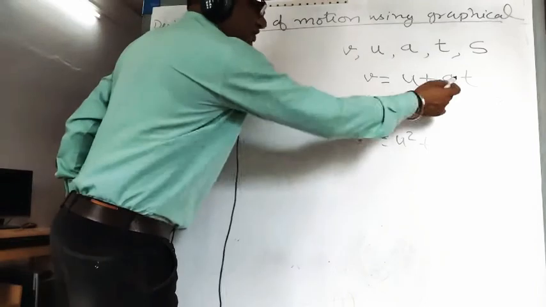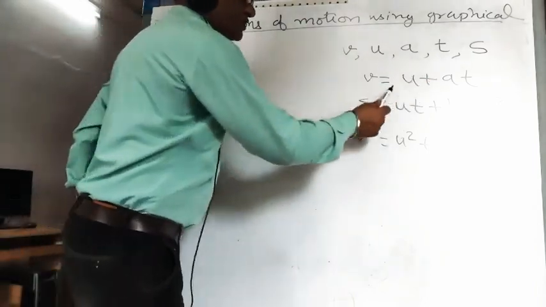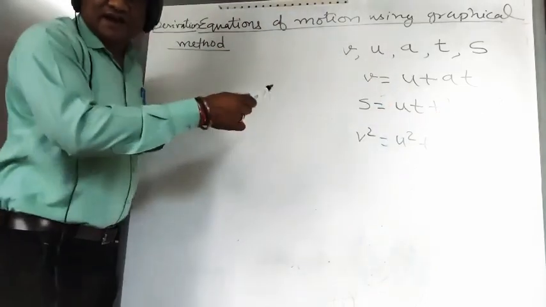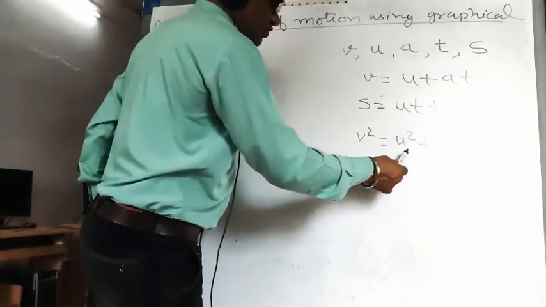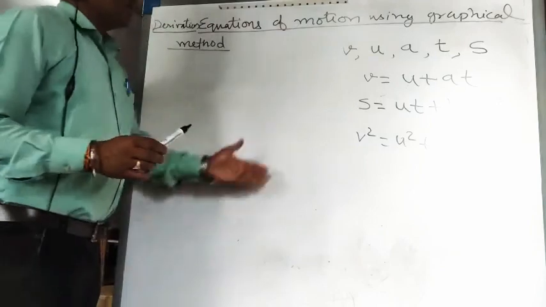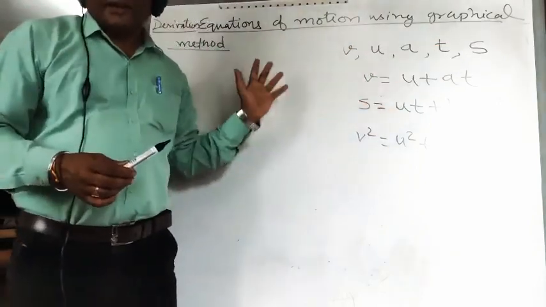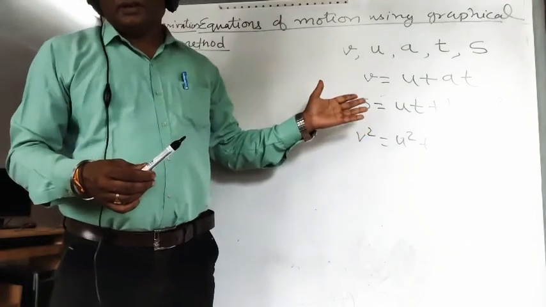So these are the three equations of motion: v = u + at, s = ut + half at square, and v square = u square + 2as. V, u, a, t, s, all these terms are familiar to you. Nothing is new.